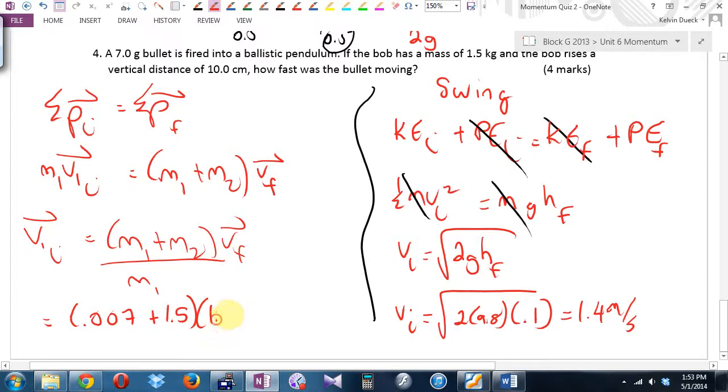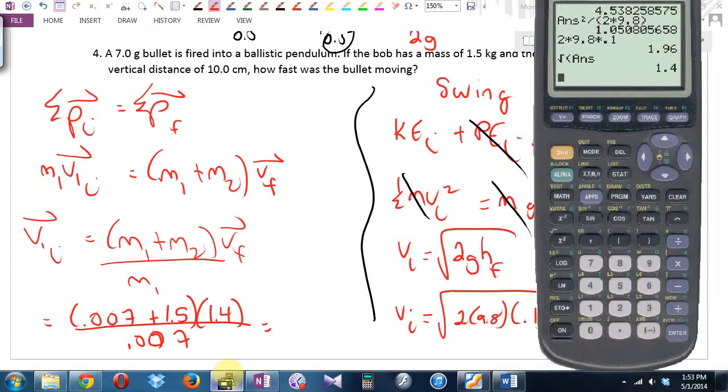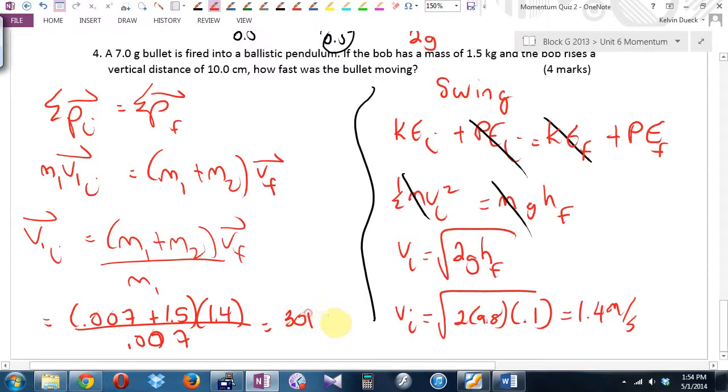Times V final 1.4, all divided by 0.007. You get 301.4? Which is about the speed of a speeding bullet. I'm okay with that. 301 meters per second.